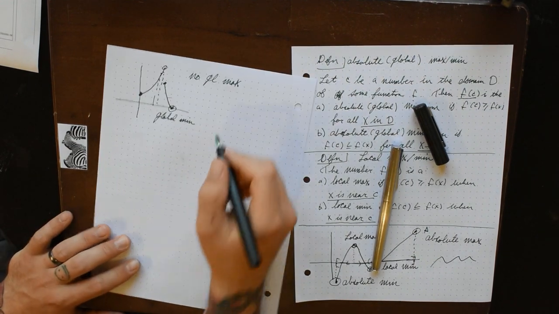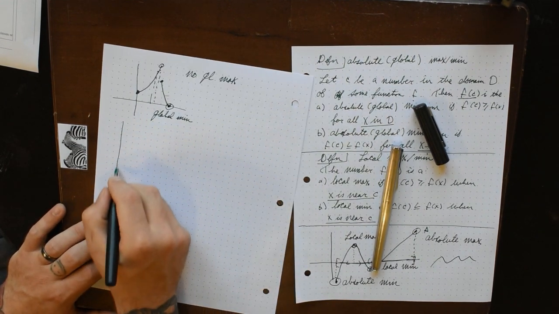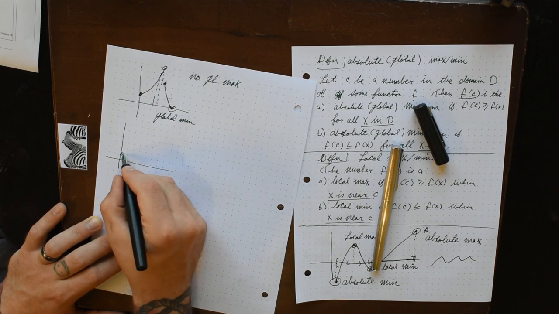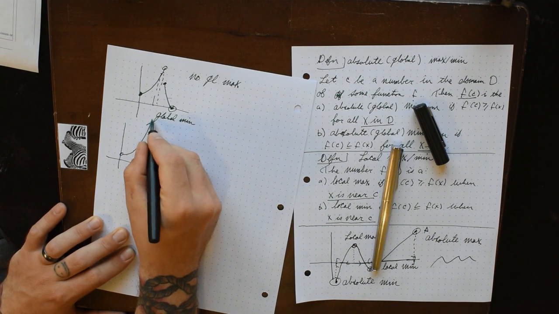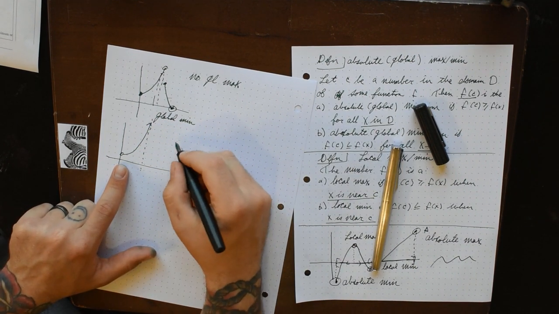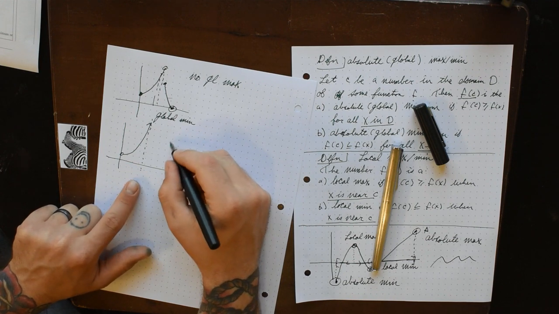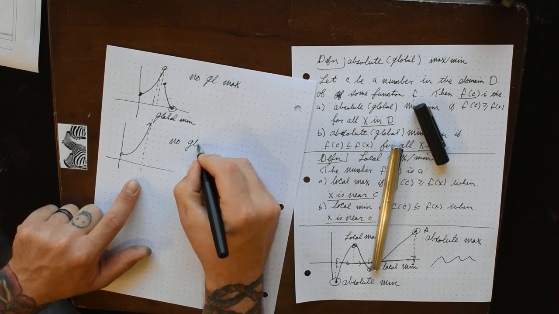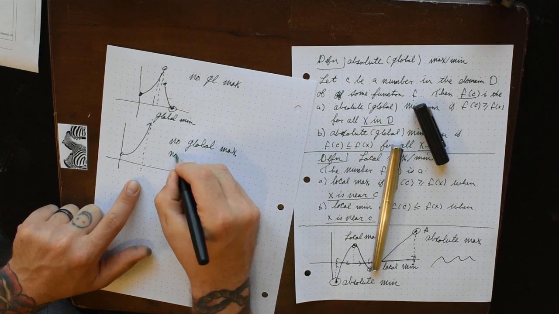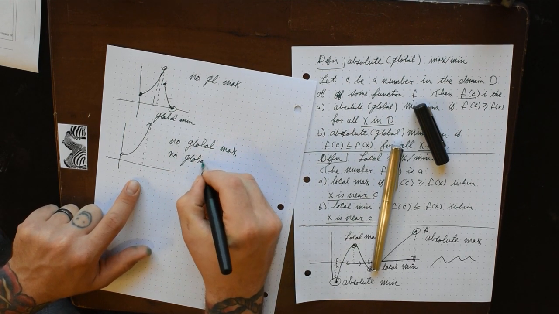Similarly, a function that isn't continuous on a closed domain, such as this function, neither has a global max nor a global min. No global max, no global min.